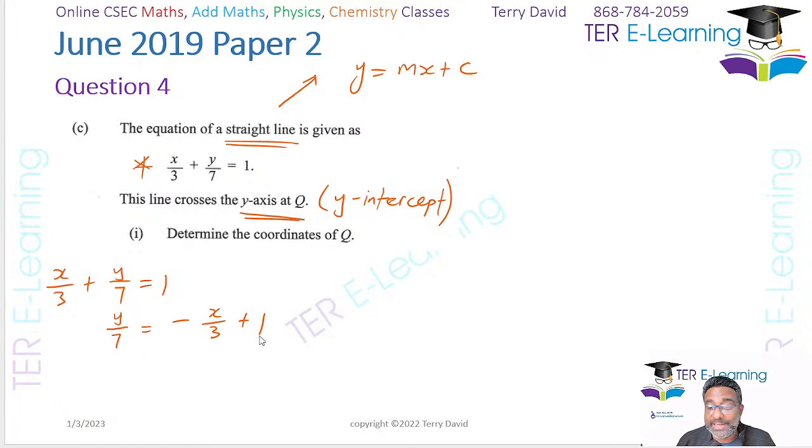Next, I need to get rid of that 7 on the left hand side. To do that, I multiply the entire equation by 7, so I end up with y is equal to minus 7 over 3x plus 7. Hope I didn't lose people there.